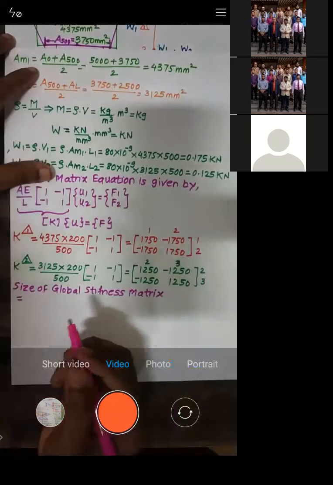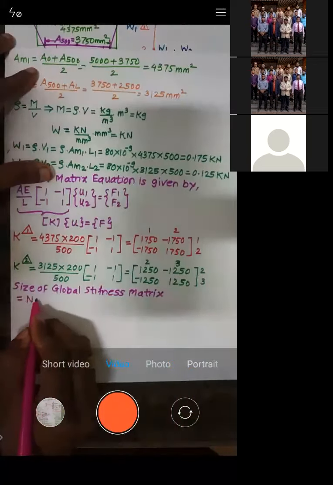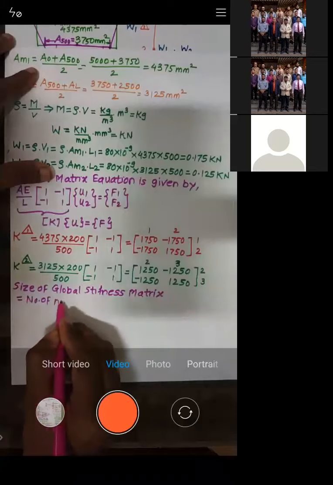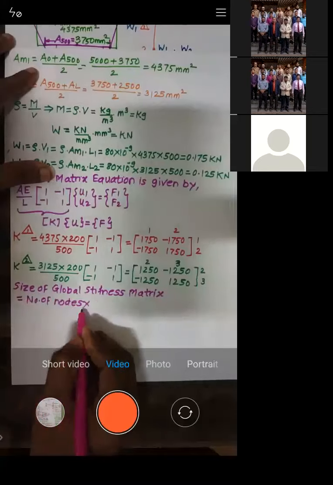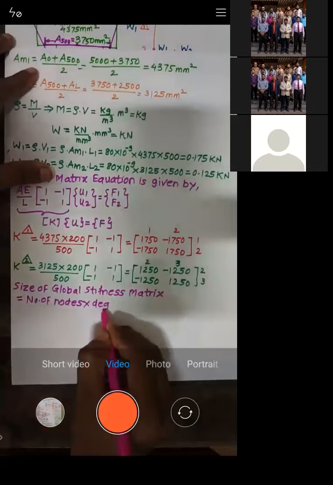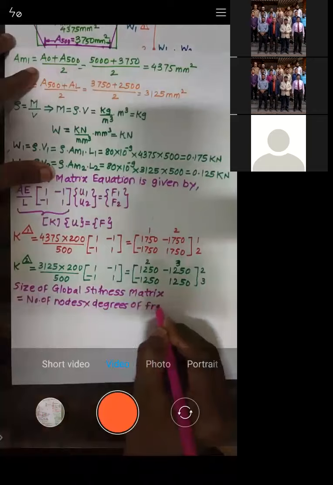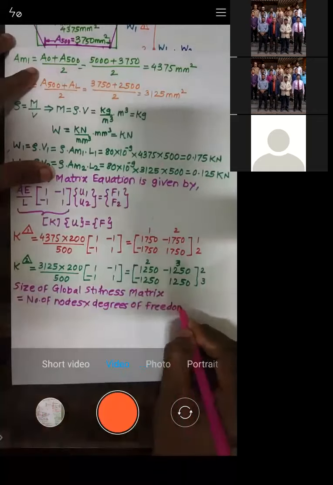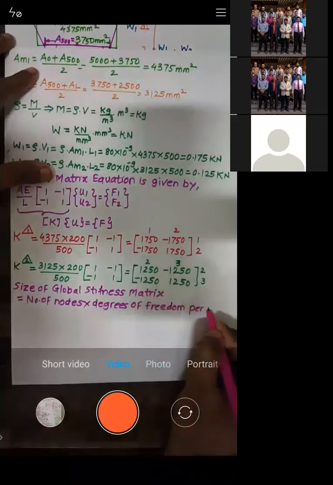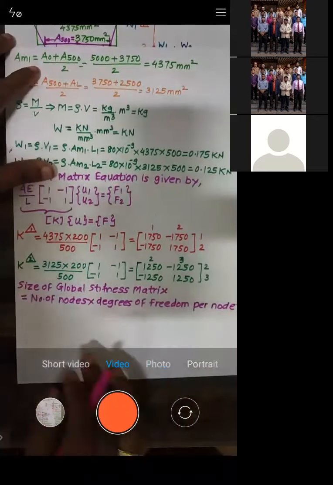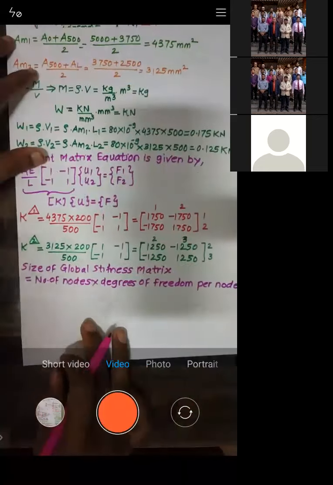The size will be determined by the number of nodes multiplied by degrees of freedom per node.